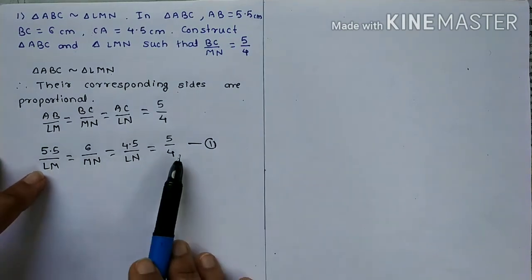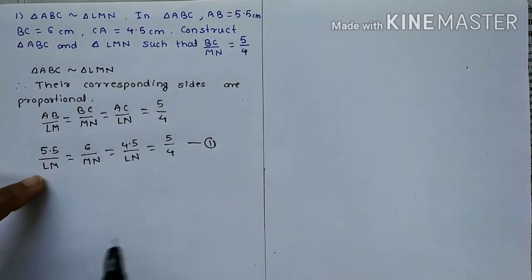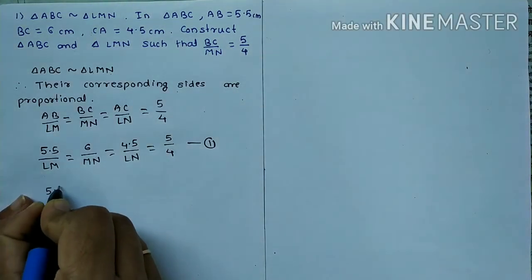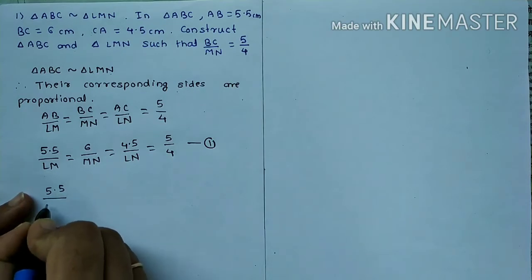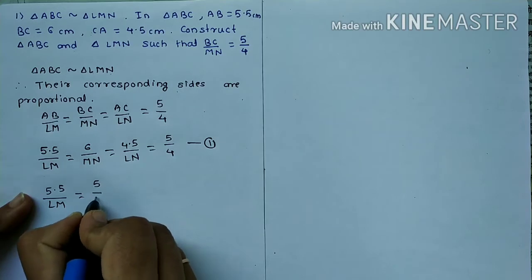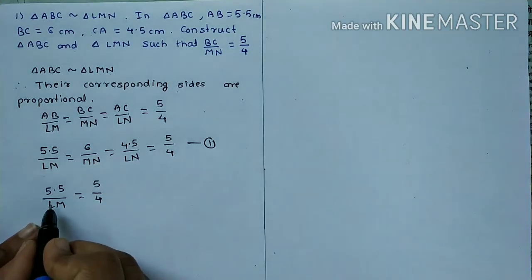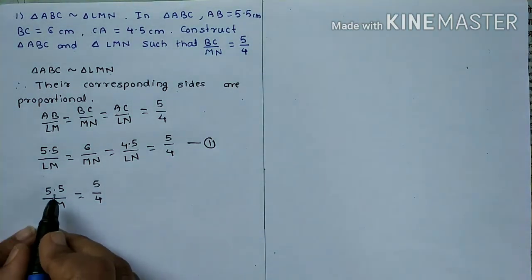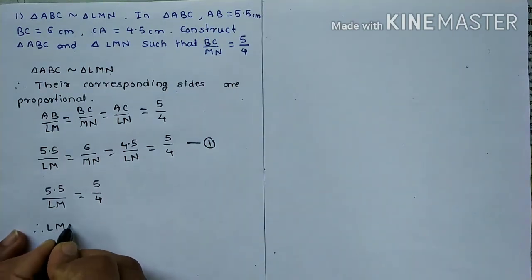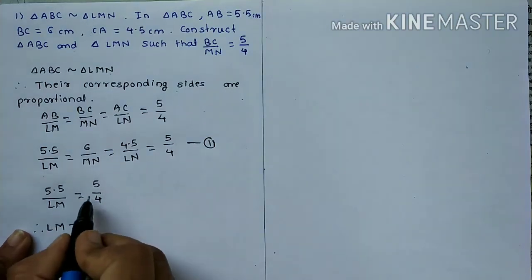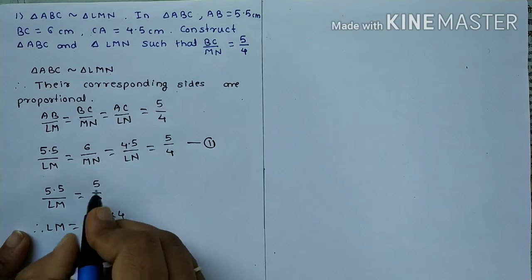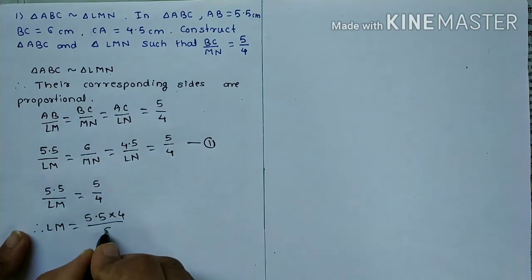So first we take these two, that is 5.5 upon LM equal to 5 by 4. Now we have to solve this. Therefore LM equal to 5.5 into 4 divided by 5.